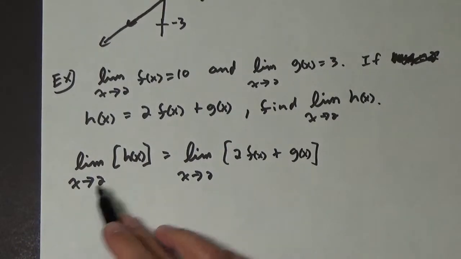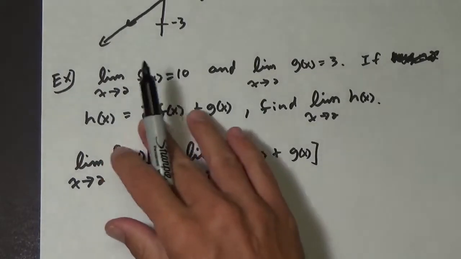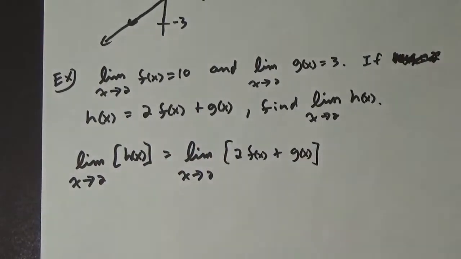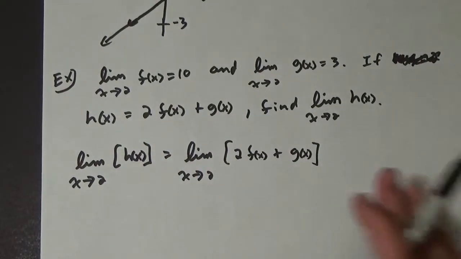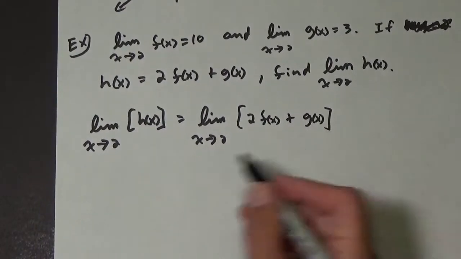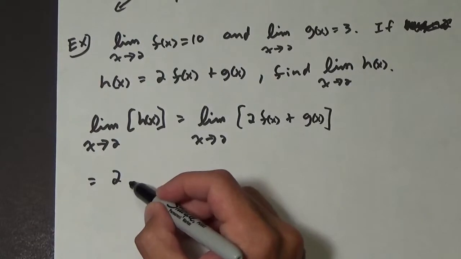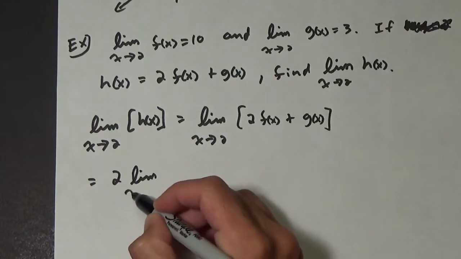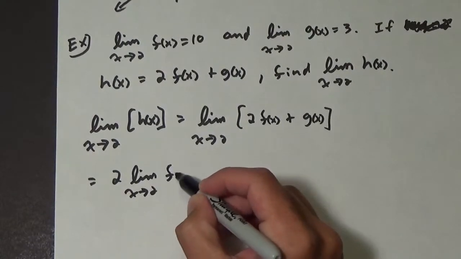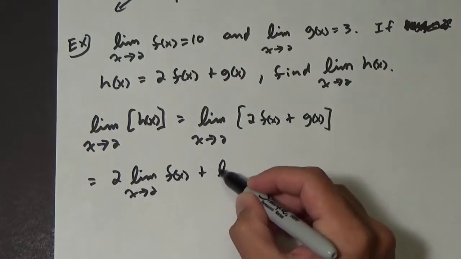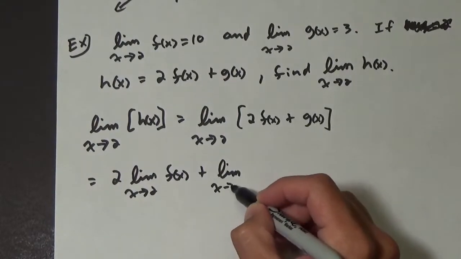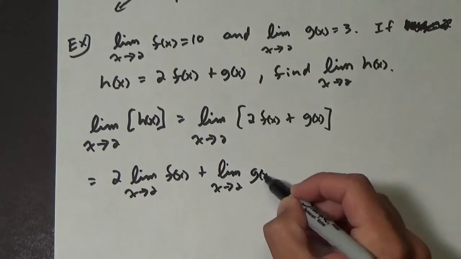So we have our limit, and that's the question, and then all we did was substitute in what h of x is. And now we can split this apart. So this is going to equal 2 times the limit as x approaches 2 of f of x plus the limit as x approaches 2 of g of x.